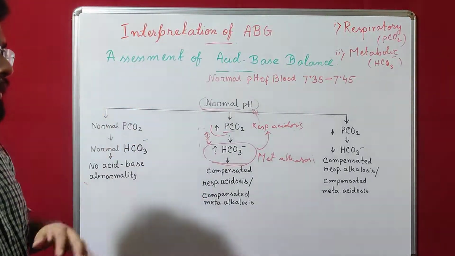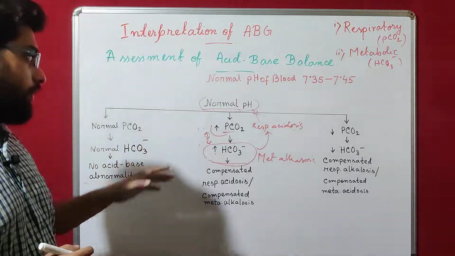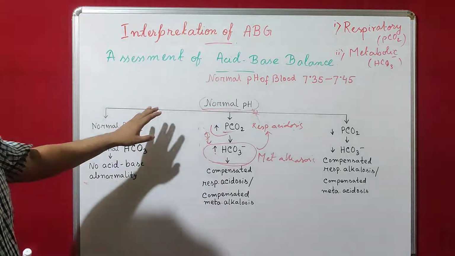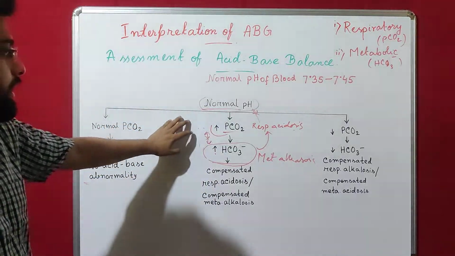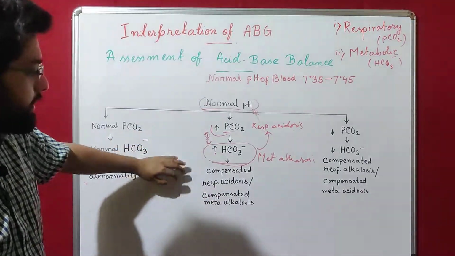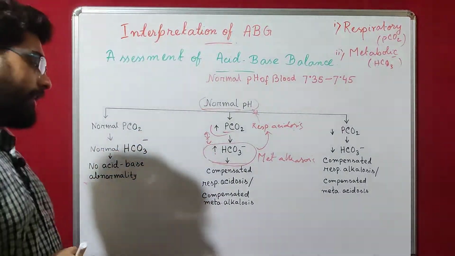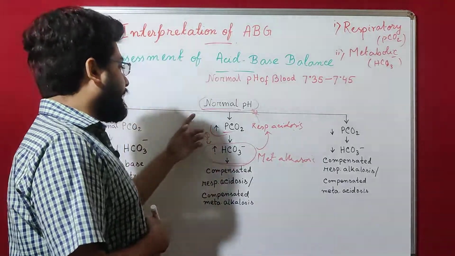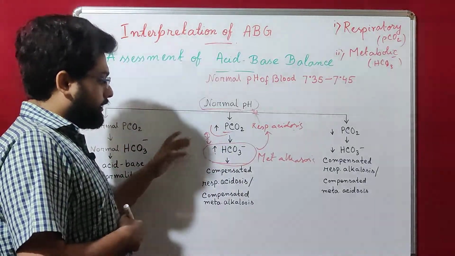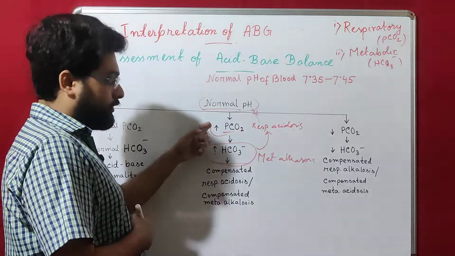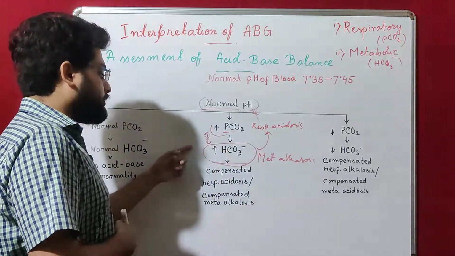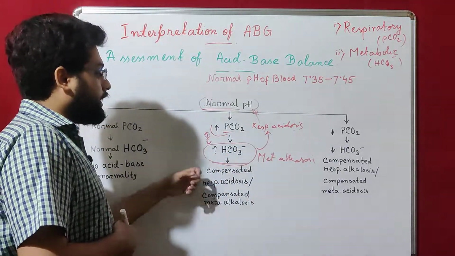Then we will have to see the patient clinically for determining which is the cause, which is the insult and which is the compensatory mechanism. From the ABG report only, we can only say that either there is compensated respiratory acidosis or there is compensated metabolic alkalosis.